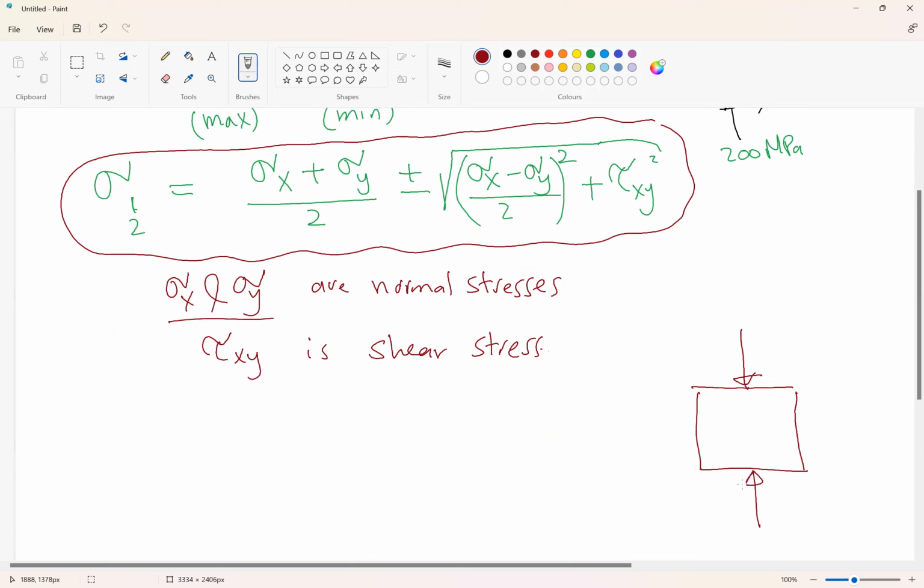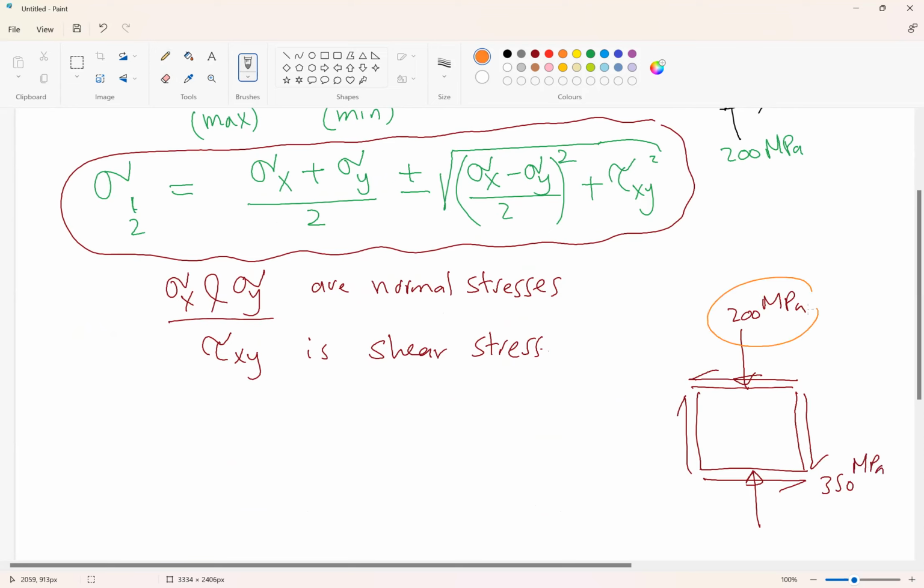the normal stress we have, 200 MPa. And we have some shear stress here, 350 MPa. What is this stress?